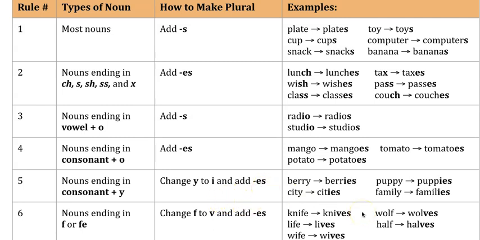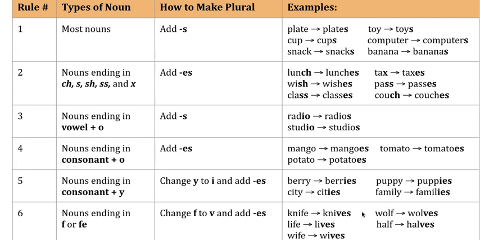For example, knife changes to knives. 1 knife, 2 knives. Life changes to lives. 1 life, 2 lives. Wife changes to wives. Wolf, wolves. Half, halves.